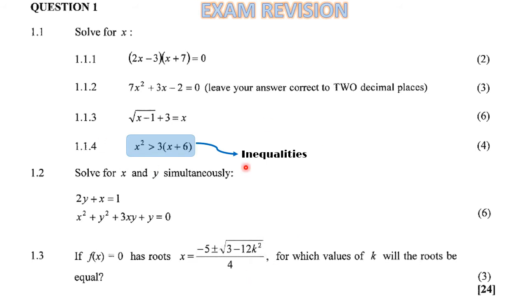The reason why I'm starting with question 1 is because it carries a lot of marks. So by default, if you write a paper and you get 24 marks out of 150, you are nearly closer to passing the exam. Okay, so this is a major percentage of the question paper.